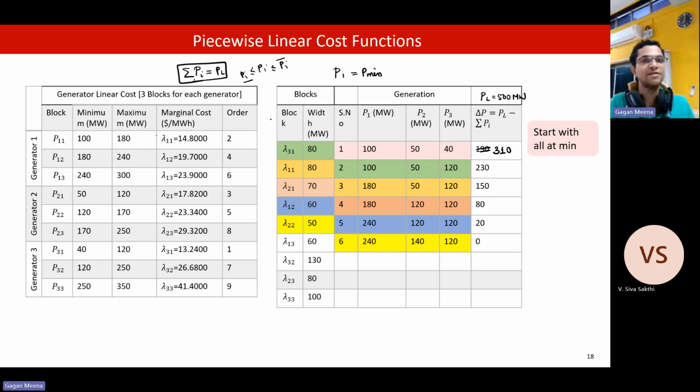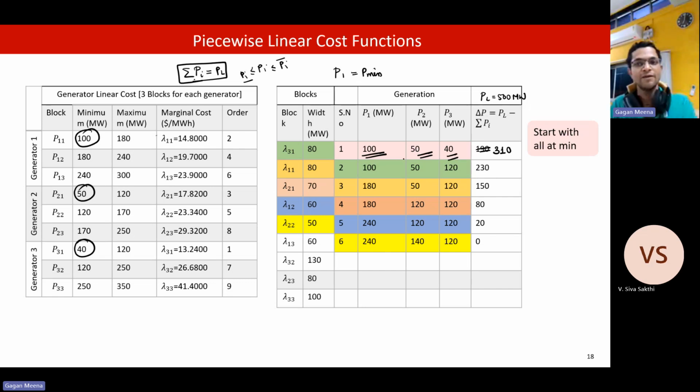The minimum for generator 1 is 100, for 2 is 50, and for 3 it's 40. We load each generator with its minimum value: 100, 50 and 40. So the sum is 190, and the difference, load 500 minus this sum 190, is 310.